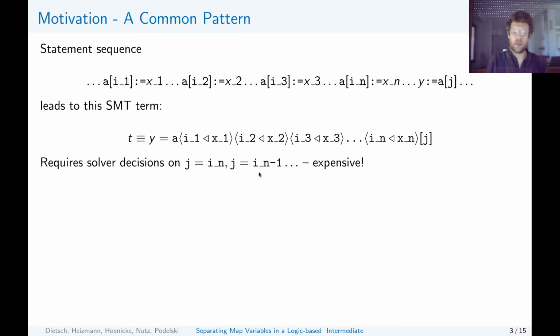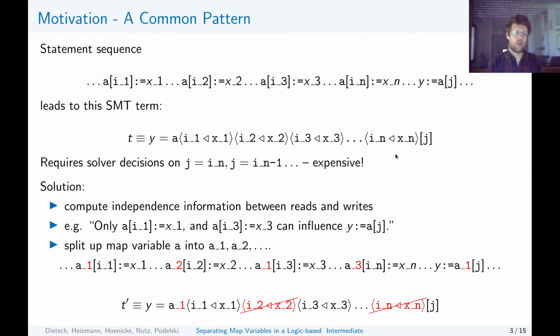This of course induces a lot of decisions on the underlying solver, because each of these equalities is essentially an atom that, among other things, will have to be set and possibly backtracked upon by the SAT solver, which can of course become expensive. This is a well-known bottleneck in manipulating programs and their verification.